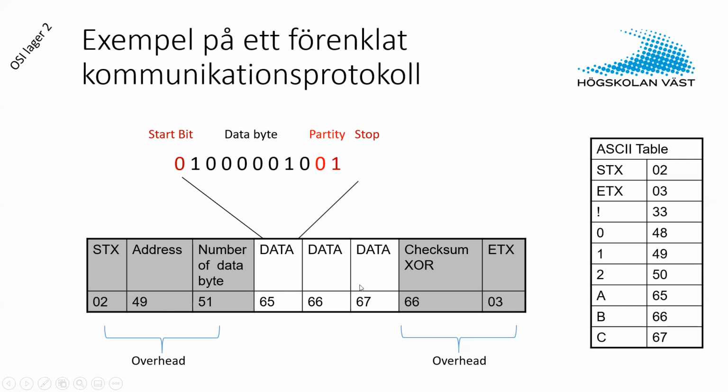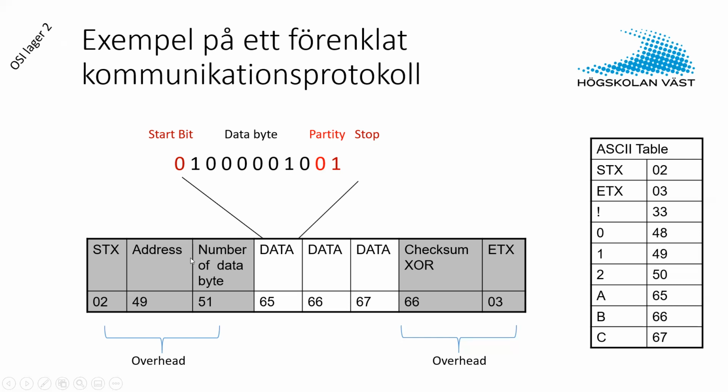And then you have the data bytes. You might have an extra checksum value to be able to detect errors over the whole package. And then you have an end of transmission in the end to signal that the frame is complete. This is a simple way of making a package or a whole frame.